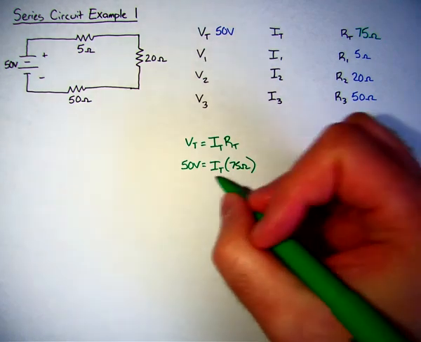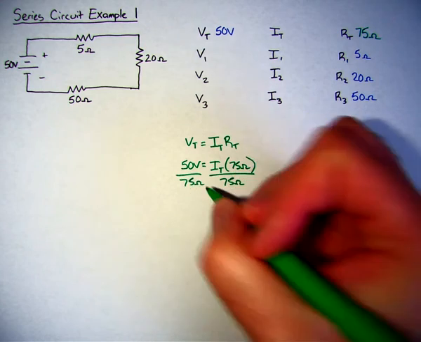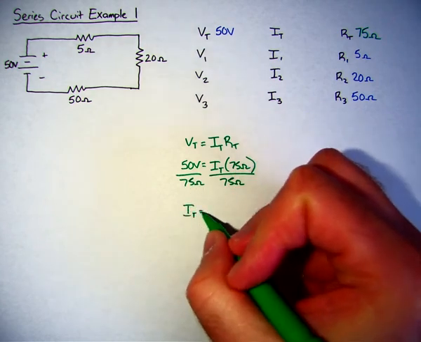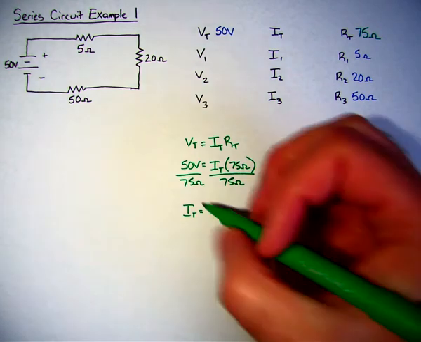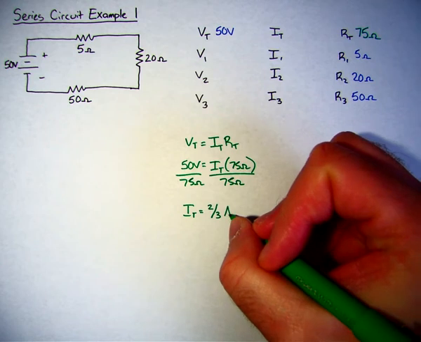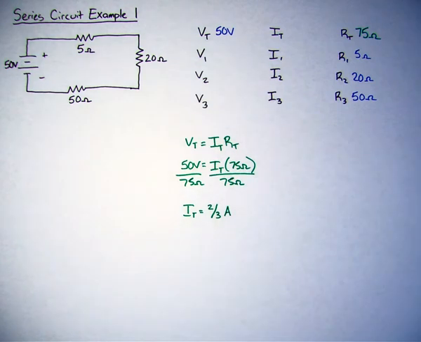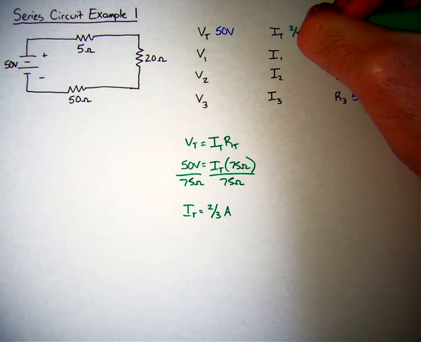So if I just divide both sides by 75 ohms, I have a total current, so 50 divided by 75 is 2/3. I'm just going to keep it as a fraction for now, just to make it as accurate as I possibly can. So I have a total current here of 2/3 of an amp.